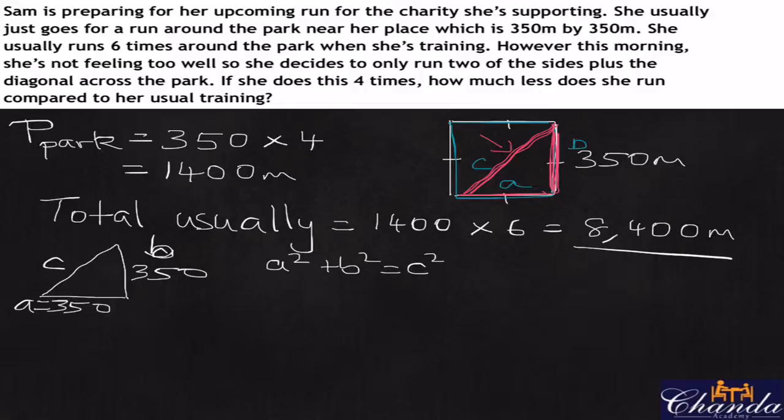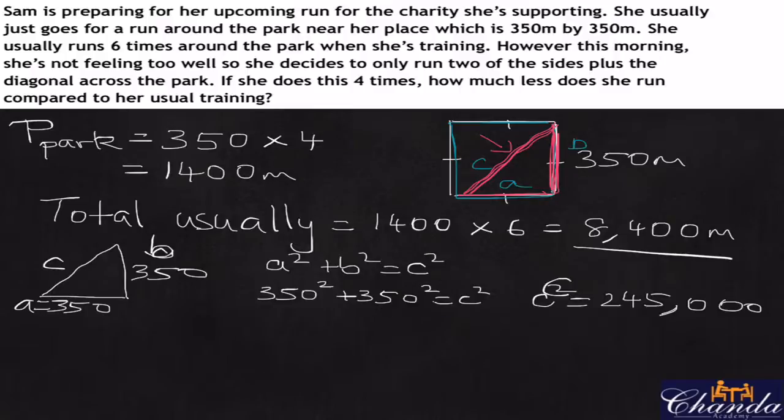So we have 350 squared plus 350 squared is equal to C squared. Okay, so C squared is equal to 245,000.